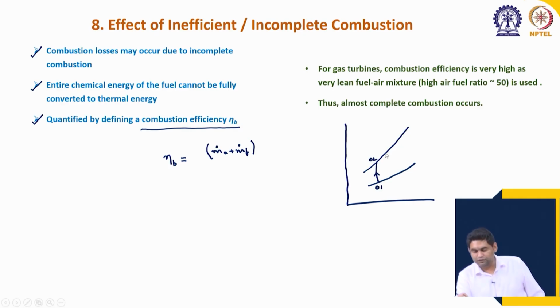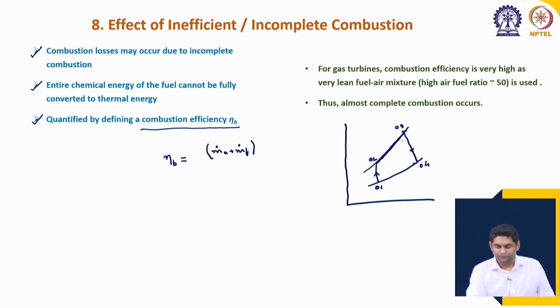So, when I say 1 to 2, in all cases I am saying that actually these are stagnation states. So, I may omit saying the 0, but it is there, 02 to 03 and 03 to 04. So, 2 to 3 is the combustion process.